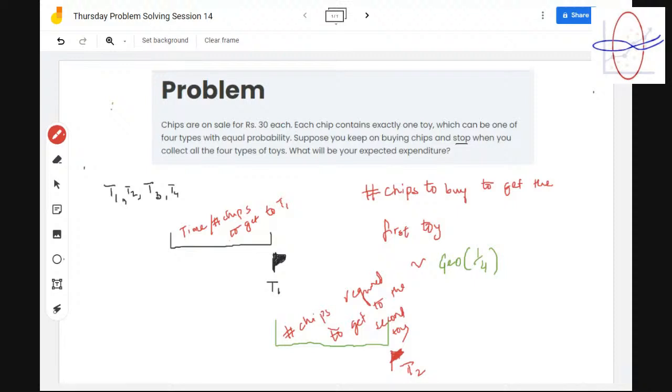Tell me, guys. Any ideas? What will you do? Next, what will the probability be? It will follow geometric 1 by 4, right? Or 1 by 3? Tell me. It will follow geometric 1 by 4 or 1 by 3.